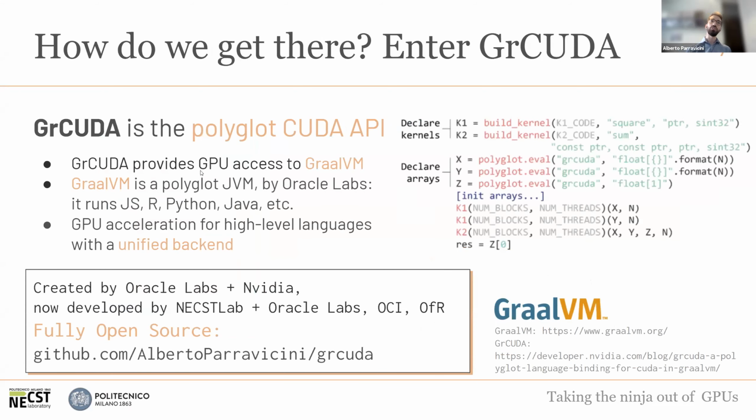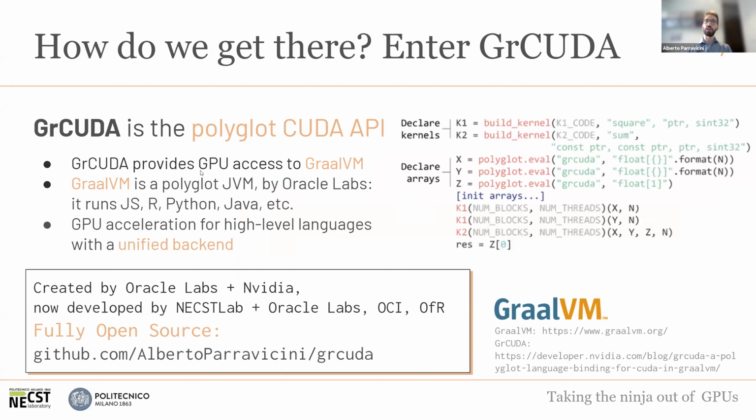that's why the GrCUDA API was built. It is a polyglot CUDA API built on top of GraalVM, which is a polyglot JVM, which is able to run not just Java, but also Python, JavaScript, and many more languages.